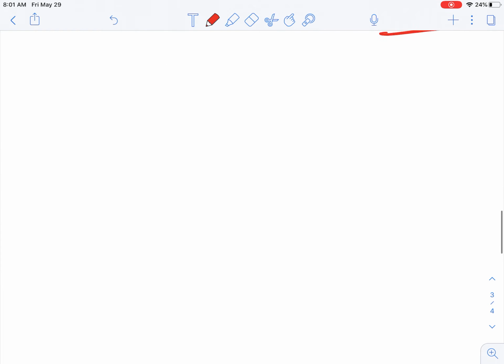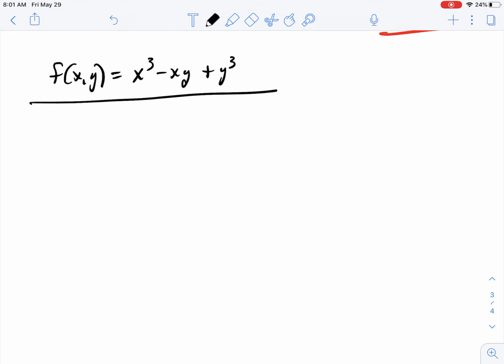Okay. All right, let's go through one more example so you can kind of see how it works. So last example here, f of x, y. Say x cubed minus xy plus y cubed.